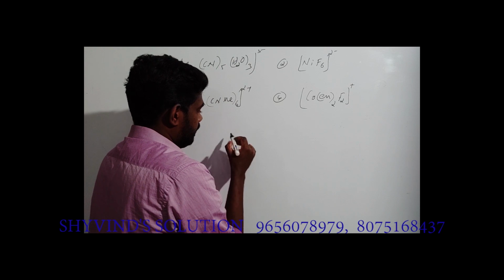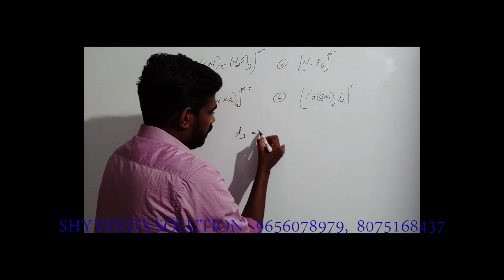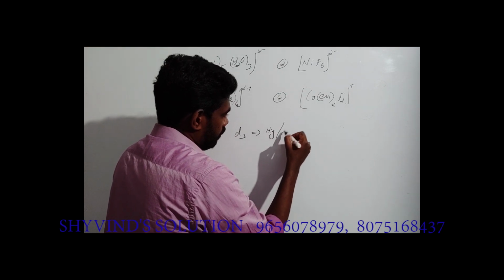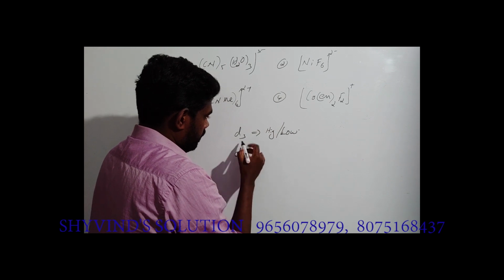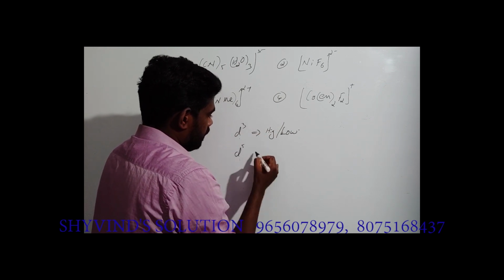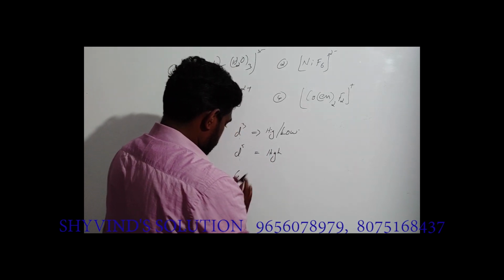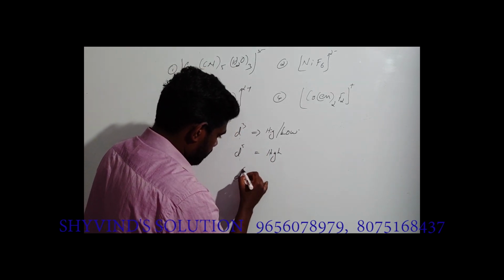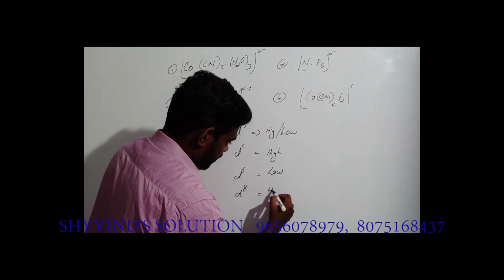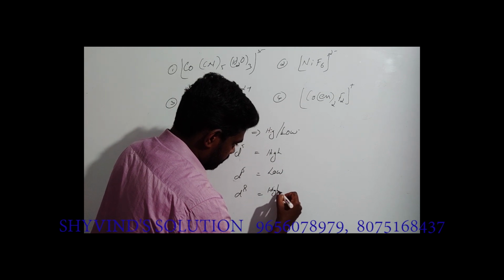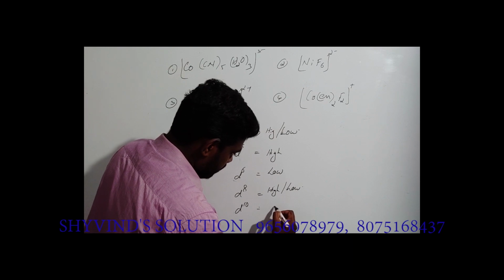So let's say d3, both high spin and low spin. Okay, d5 high spin, d6 low spin, d8 high spin and low spin, and d10 high spin and low spin.